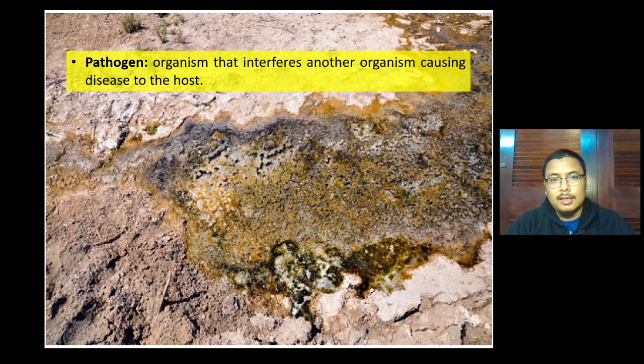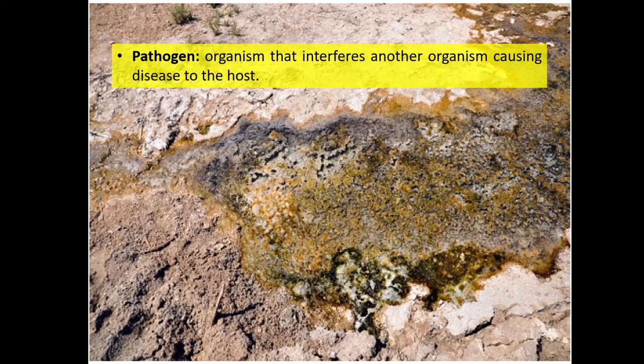Before we start, a quick question: what is a pathogen? Any organism that interferes with another organism's metabolic processes in a manner that weakens the host and causes disease is called a pathogen.